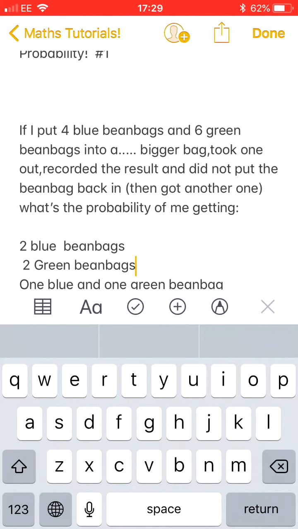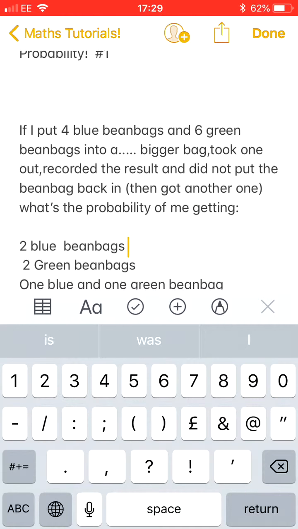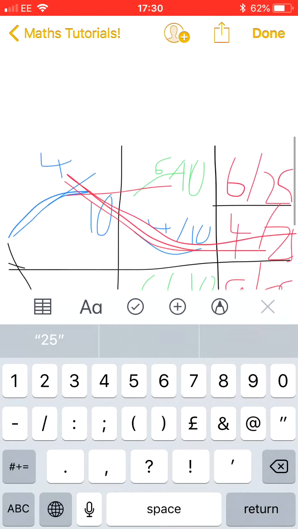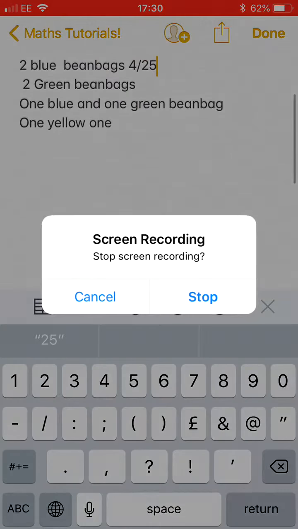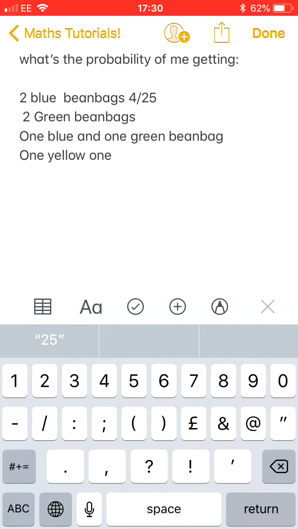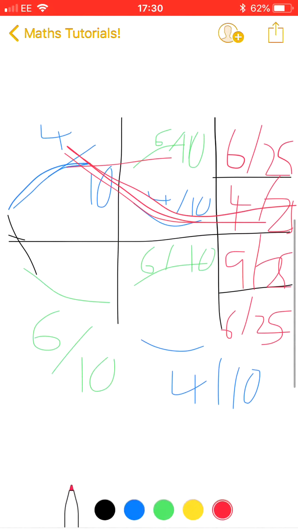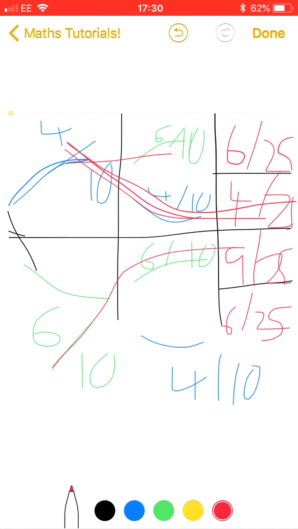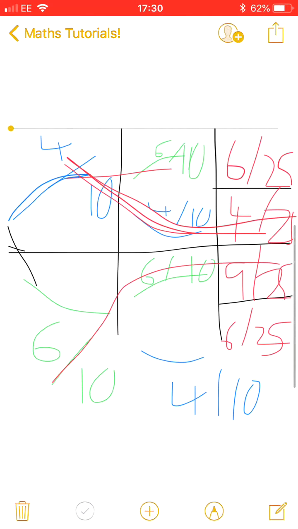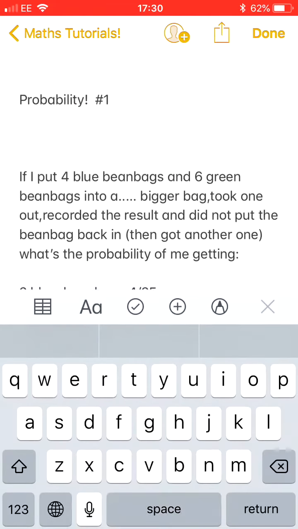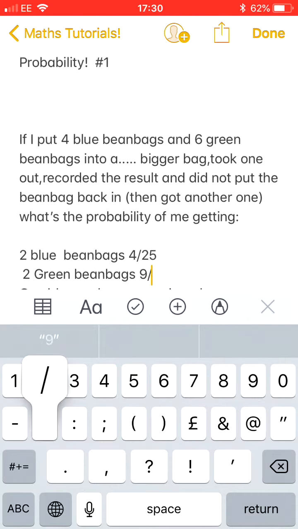The probability of us getting 2 blue beanbags is 4 out of 25. The next question, 2 green beanbags. All you have to do is just follow the line. It's 9 out of 25.